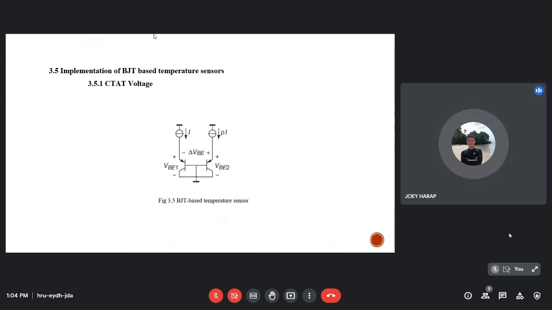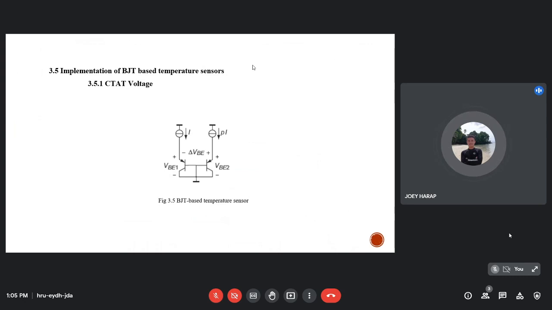This is complementary to absolute temperature, CTAT, where k is the Boltzmann constant, T is the absolute temperature, and q is the electron charge, while IS is strongly process dependent. Obviously here, as we can see, VBE is a nonlinear function of temperature. Furthermore, process spread may cause large errors due to variations in IC and IS. Therefore, VBE is not suitable as a sensing signal.